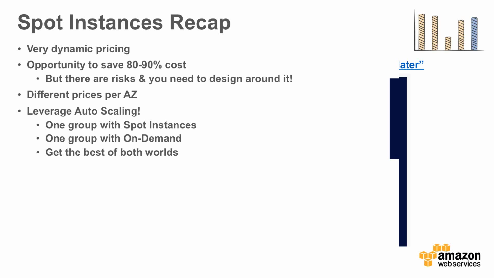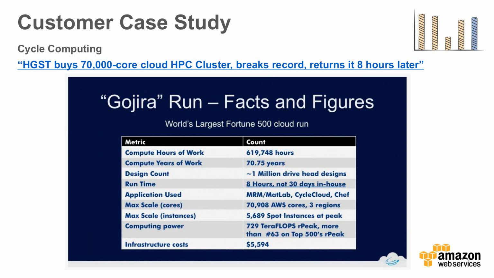So, the case study. HGST buys a 70,000 core cloud HPC cluster, breaks a record, and returns it 8 hours later. This is a case study from our good partners at Cycle Computing, who deployed a 70,000 core compute cluster across 3 AWS regions. As you can see from the stats, they managed to get through almost 71 years of compute in just 8 hours by utilizing the power of the AWS Cloud and taking advantage of spot instances.